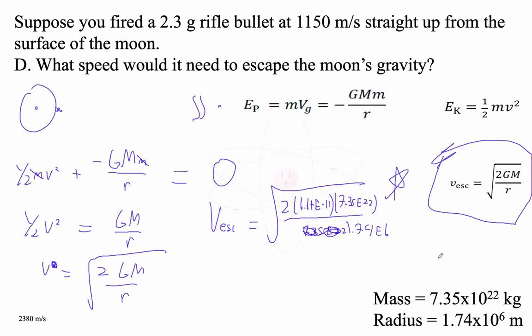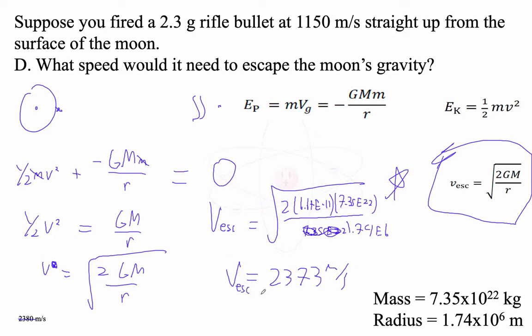Okay, so I'm going to go 2 times 6.67 e minus 11 times 7.35 e22 divided by 1.74 e6. I'm getting 2373. The answer at the bottom is slightly off because I used a different value for that. That is the escape velocity.